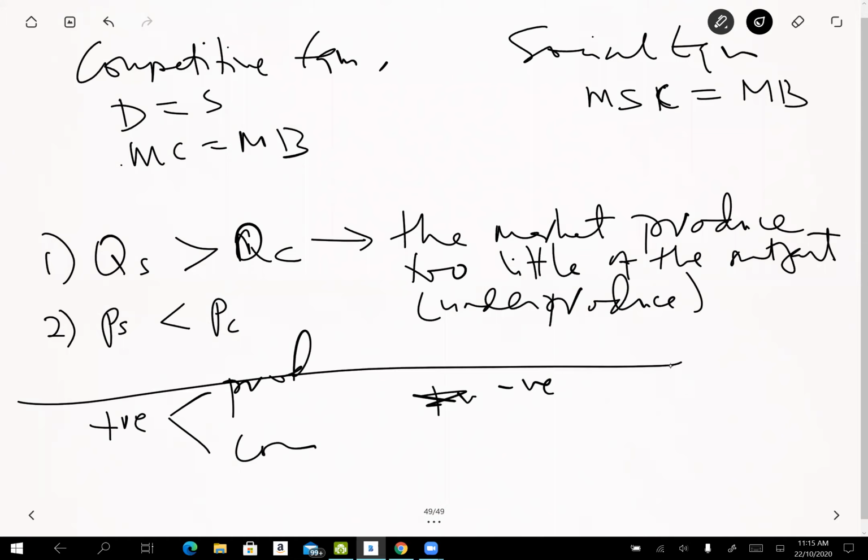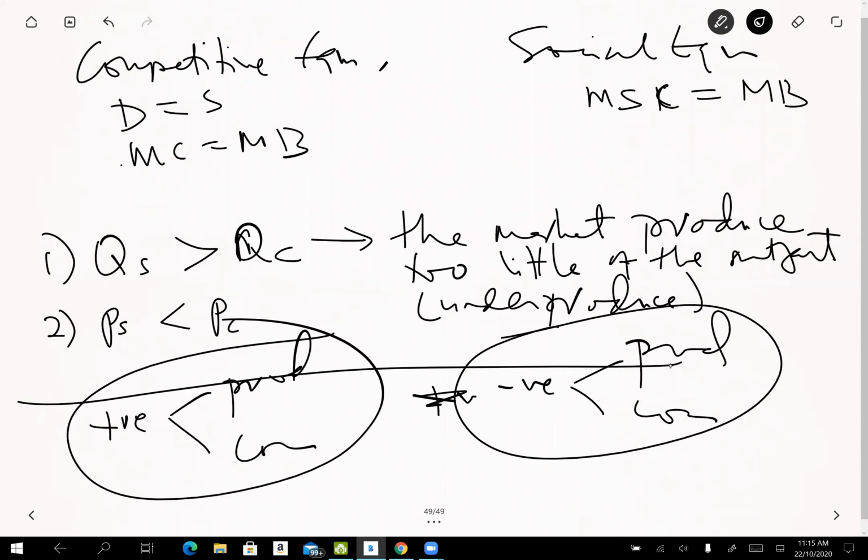Go home, review these four diagrams, and look at how the marginal social curve is different from the private curve, and then look at the market effect, more importantly the output and also the price, and then look at the net gain to the society.